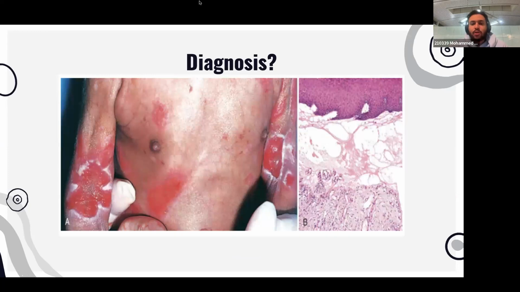We have a bit more left. Epidermolysis bullosa. Is this an inherited disease? Yes or no?